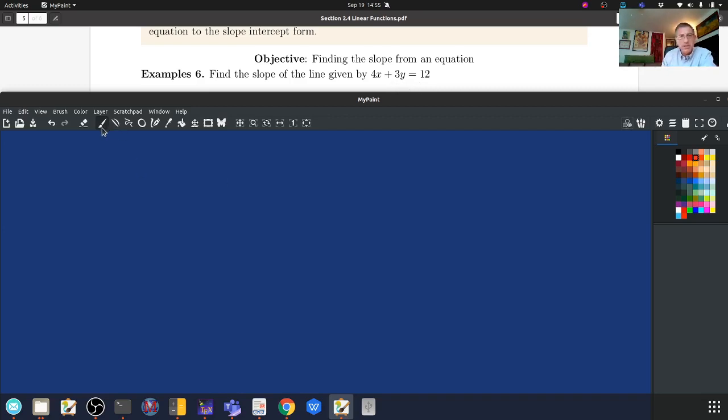It's going to be so much easier just to start with 4x plus 3y is equal to 12. That's what we're given, and what we want is y is equal to mx plus b. So this is what we're given, this is what we want. So what I have to do is solve this for y.